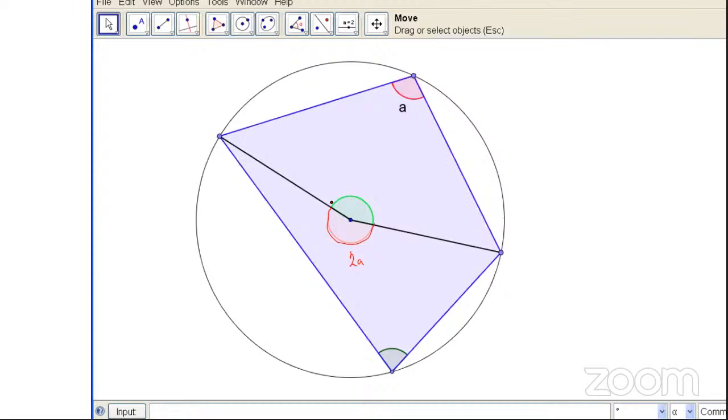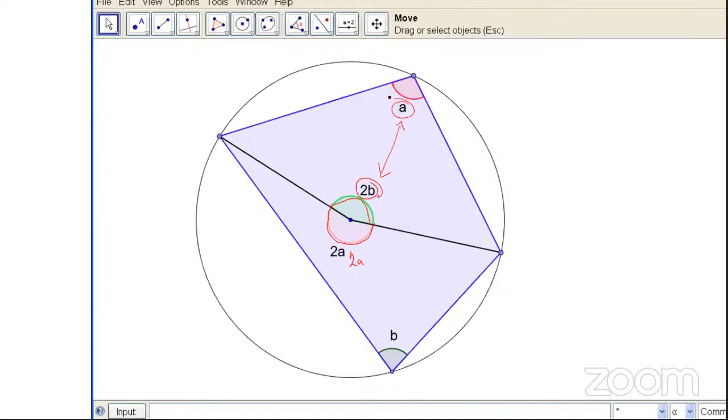Likewise, this one here will be the same thing, 2 times this. So if that is B, for example, then the other one will be 2B. So you can see this is 2A, this is 2B. You have to take note here: it's not this and this that are related. Any angles that are related will be facing the same arc.